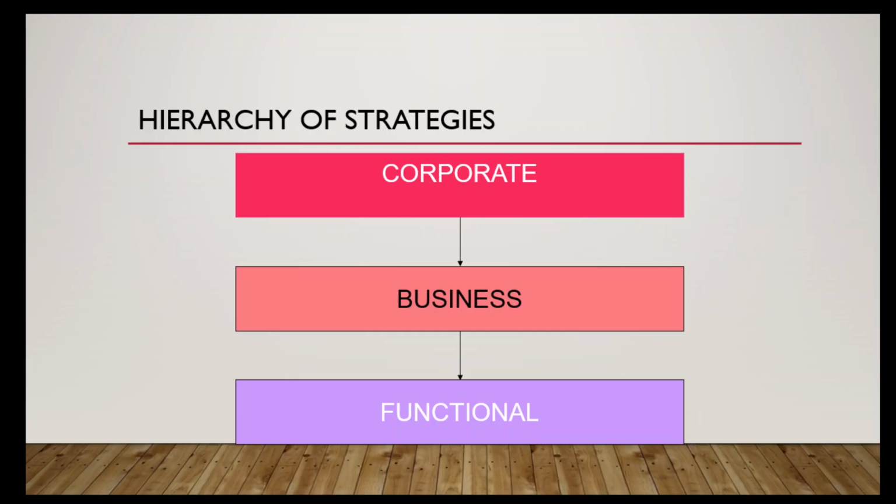Makikita natin, di ba, pinakamataas pa rin yung corporate, then business and functional. So, the strategies under the corporate level occupy the highest level of decision making. Sabi nga natin, sila yung tagagawa talaga ng overall goal nung sa company.